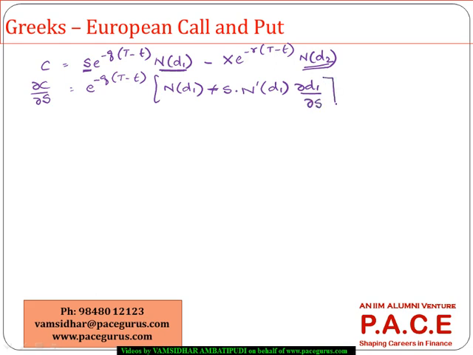So this is the first part. And what about the second part? This is constant. X with respect to S does not change. X e power minus r (T minus t). So N(d2), I'll take it as N dash d2, and I'm taking dou d2 by dou S. Right?